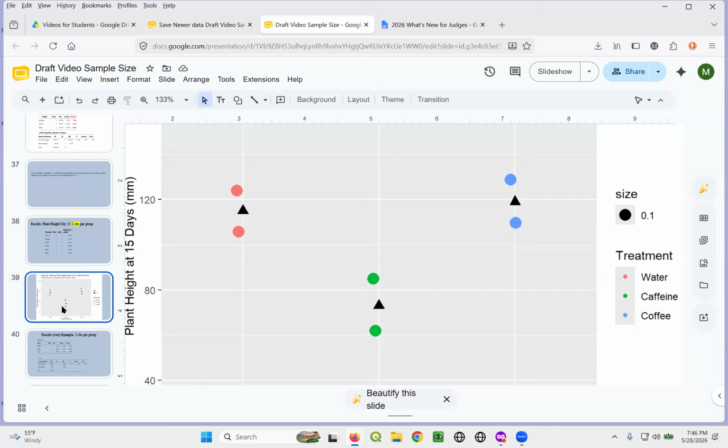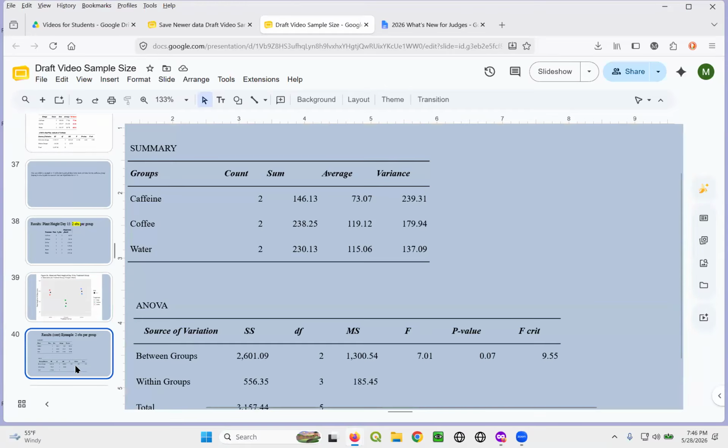And if you only have two observations per group and what you see is this big a difference between the groups, you have no better information than to look at the analysis of variance. I don't know what else you would do, other than repeat the experiment.